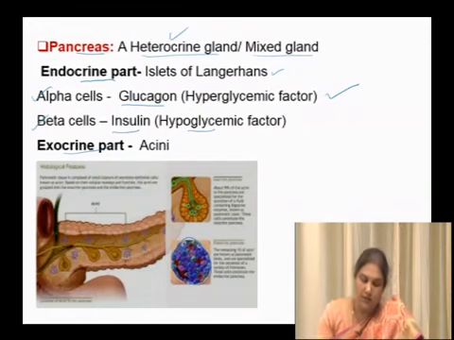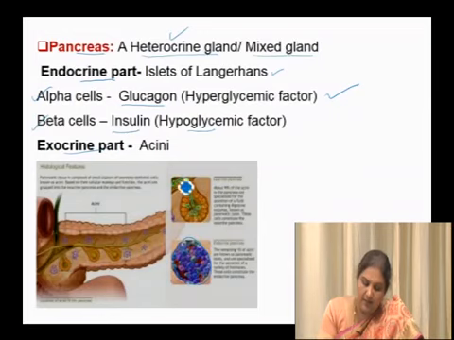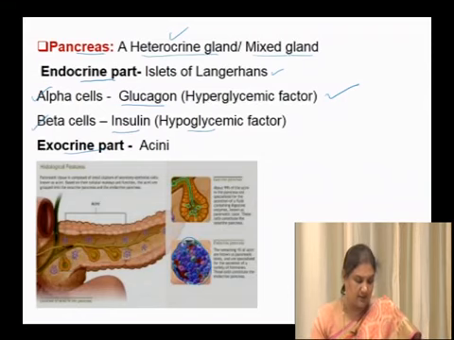The exocrine part of the pancreas is the acini. The acinar cells secrete the pancreatic juice loaded with digestive enzymes, which is conveyed through the duct. So, it is the exocrine part of the pancreas.